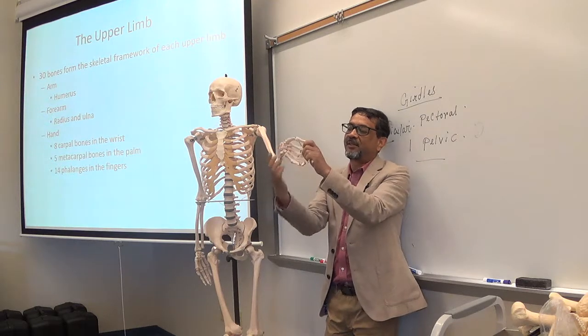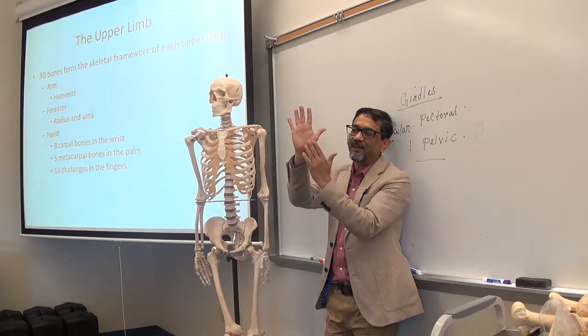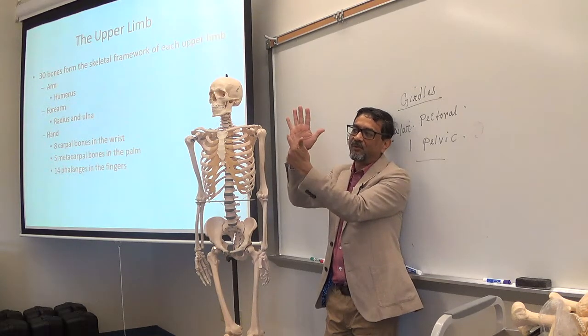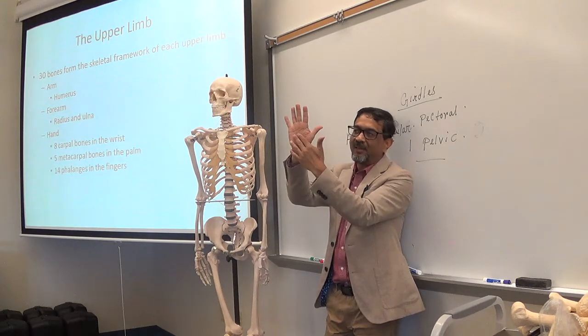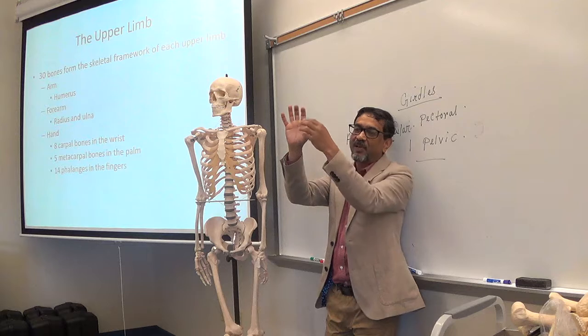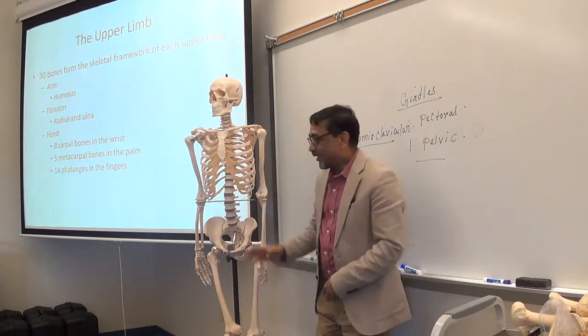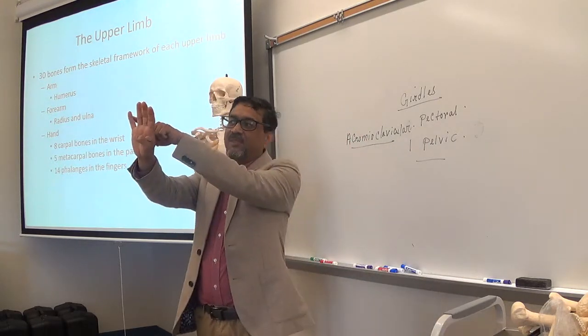Then, these 5 are in your palm here. How many? 5. 1, 2, 3, 4, 5. These are called metacarpals. And then finger bones are called what? Phalanges.